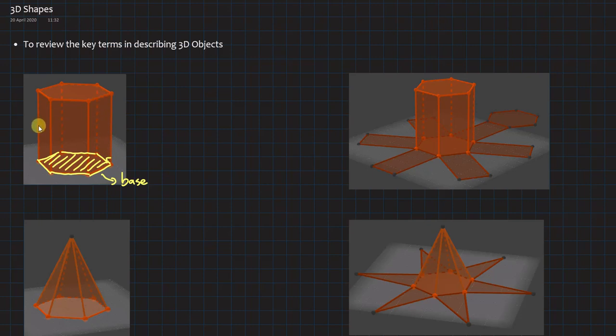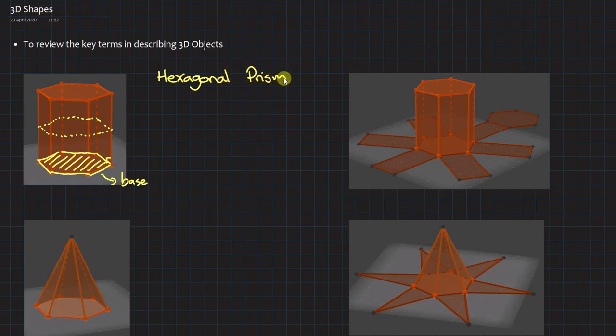It doesn't matter where I go. If I go at right angles to these lines, I will see the same shape, all the way to the top. So this class of shapes, hopefully you can all remember, is a hexagonal prism.